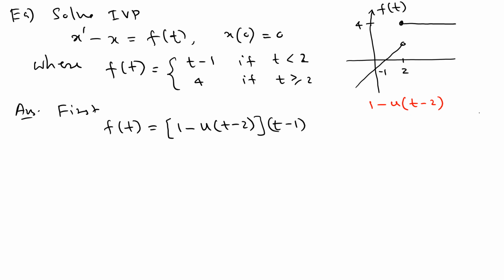So that's the first part. The second part, you have the switch on at 2 and multiply by 4. So that part is simply plus 4 times the switch u(t minus 2). So what's going to happen after 2? After 2, the first function is 0, and then you only get the 4 because the switch is 1.